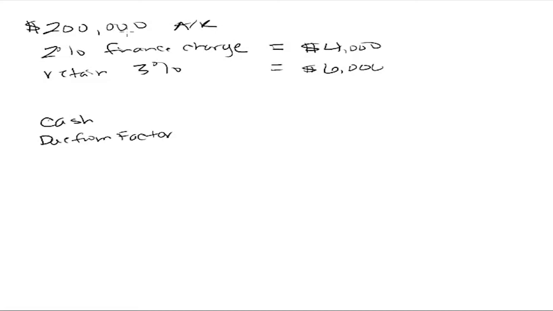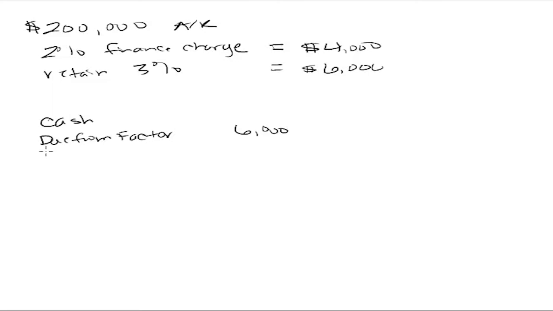Then the amount we sold is really not the valid amount, because there were discounts and returns and several other things in there. So that's where this due from factor comes in. Retain $6,000, so let's record due from factor at $6,000.